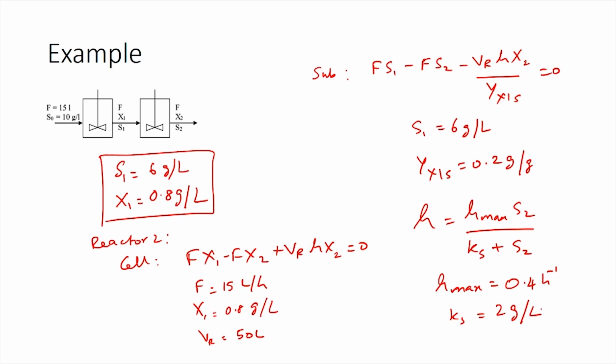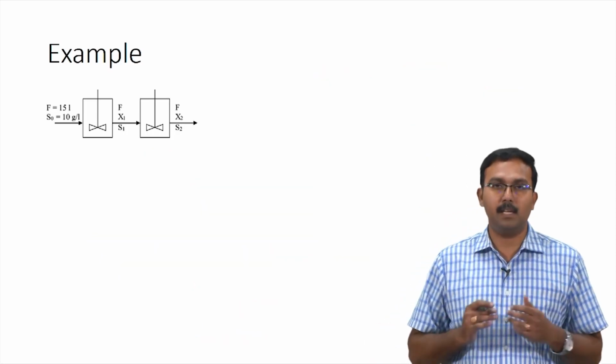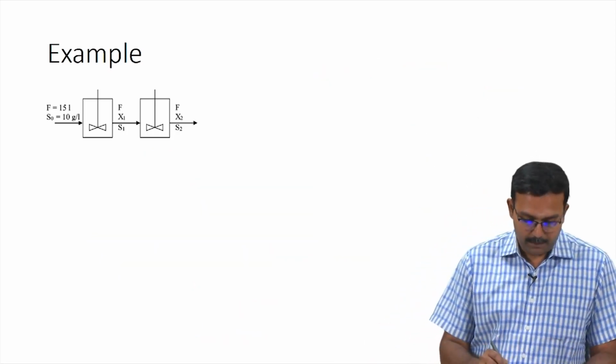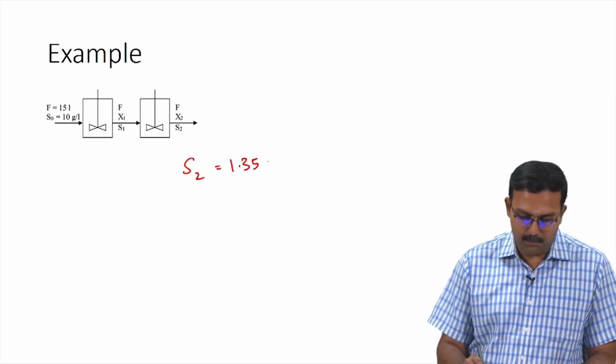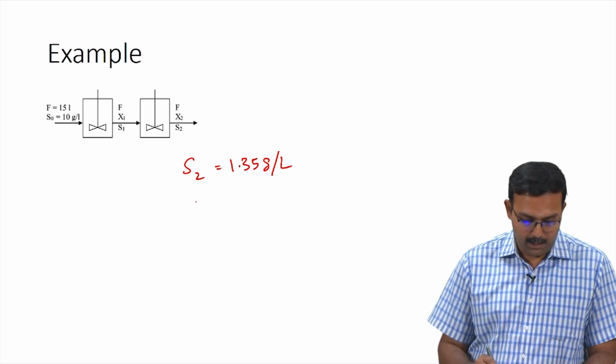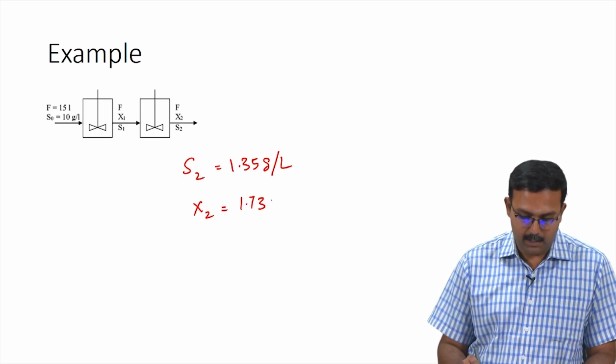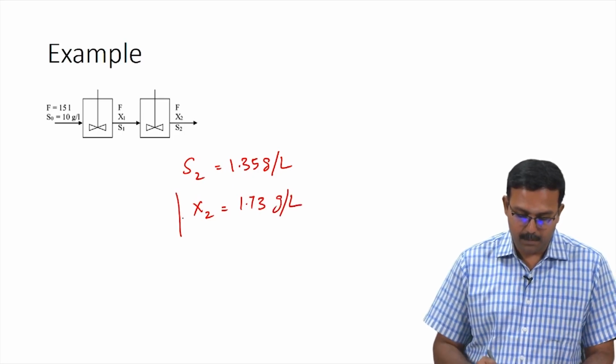By solving these non-linear equations, we will be able to get the values for the biomass concentration which will be leaving the system. If you were to perform this calculation, you will end up with the outlet substrate concentration as 1.35 grams per liter and your biomass concentration as 1.73 grams per liter.